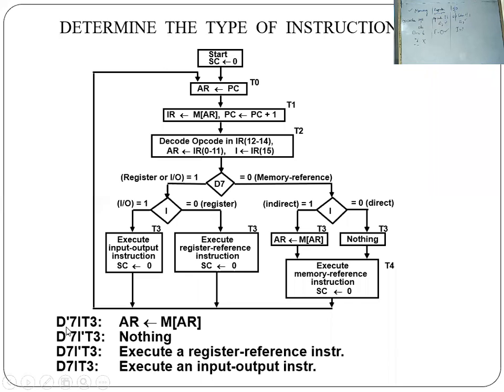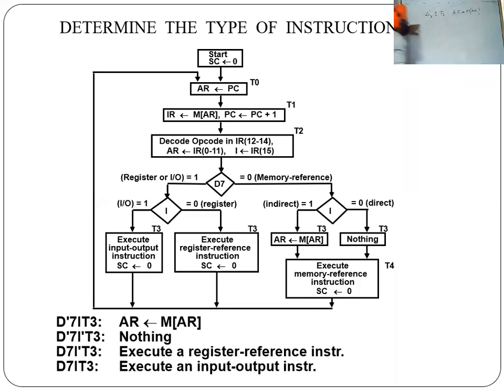So here you can see D7 dash, right? After that, T3: AR ← M[AR].